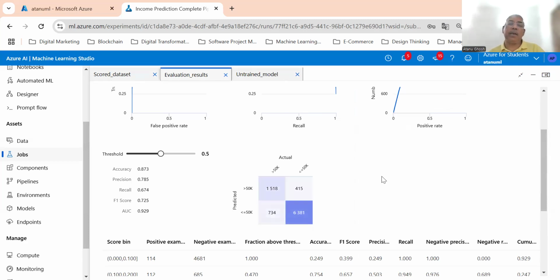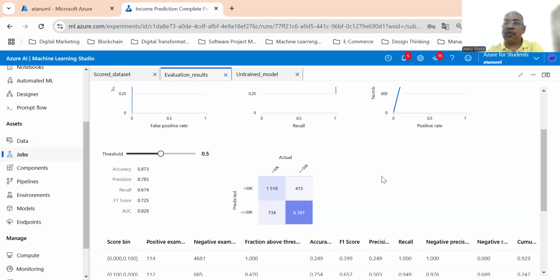This is something that you have probably learned in your machine learning course. You have the actual and the predicted. There are 1,518 cases where the data shows that the income is more than 50K and the model has correctly predicted that the income is more than 50K.